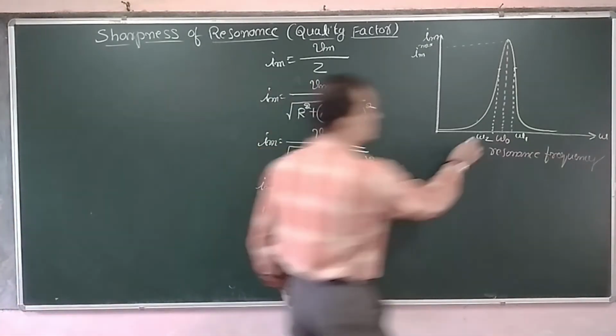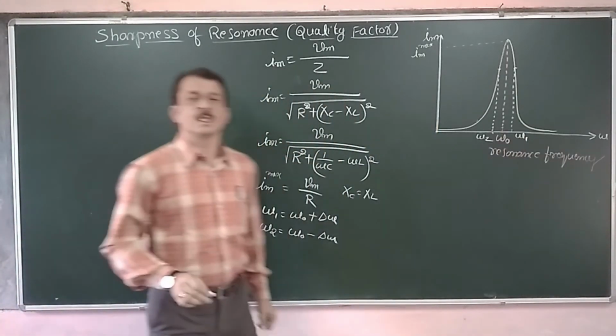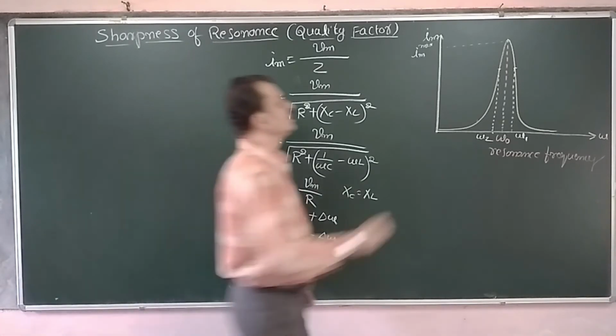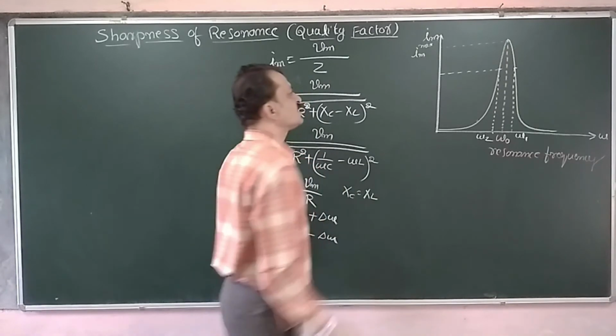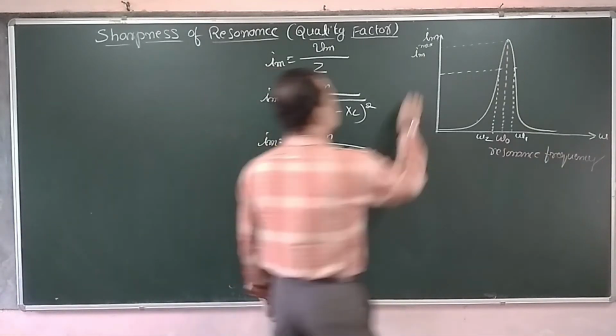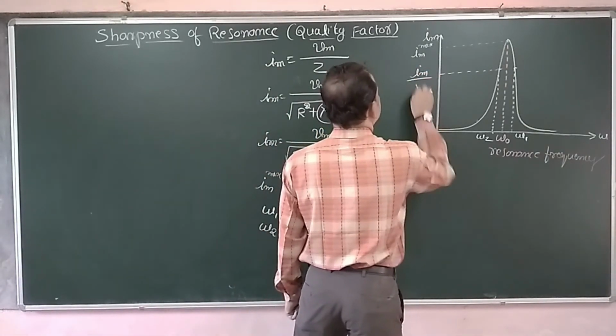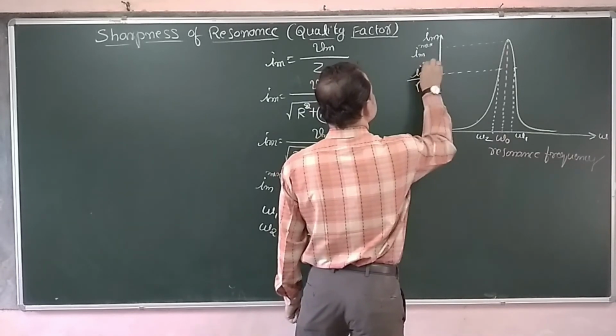We are choosing these two frequencies such that the current for these two frequencies becomes Im max by root 2.